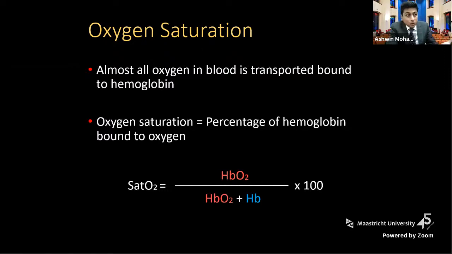If only 5 boxes out of 10 have oxygen, the other 5 are empty, then blood is 50% saturated. So just consider oxygen saturation as a measure of how much oxygen there is in the blood. Higher the saturation, higher the oxygen in the blood.